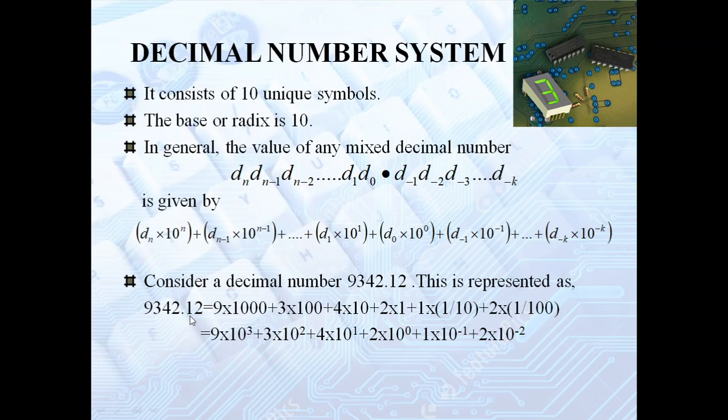After the decimal point, the value 1 is in the first fractional position and it is multiplied by 10 power minus 1, that is 1 by 10. The second fractional position value here is 2. It is multiplied by 10 power minus 2, that is 1 by 100. The sum of these terms gives the total number being represented.